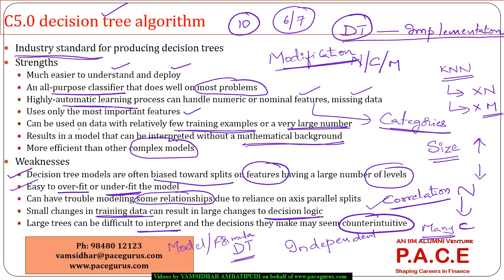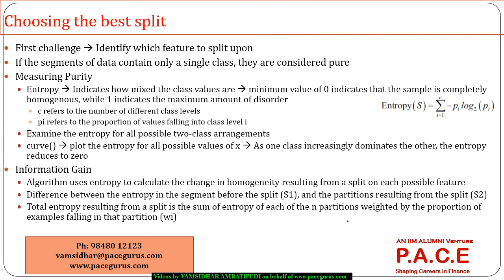Now that we have a good understanding of this C5.0 decision tree algorithm, we also need to know the way that the splitting actually happens on the data. We said this algorithm will split the data based on the various features, right?